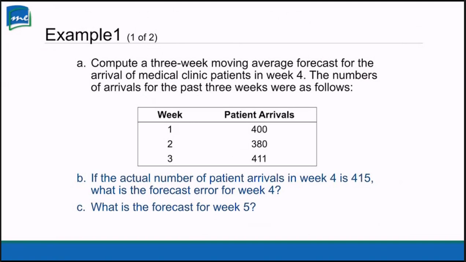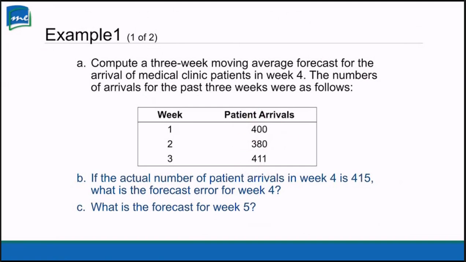According to the table, based on the arrivals for the past 3 weeks, we are asked to compute the week 4 patient arrivals via a 3-week moving average forecast. We can obtain the forecast via a 3 moving average for week 4 because we have the past 3 weeks of actual patient arrivals.